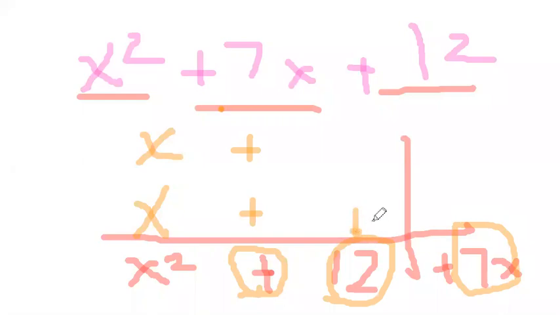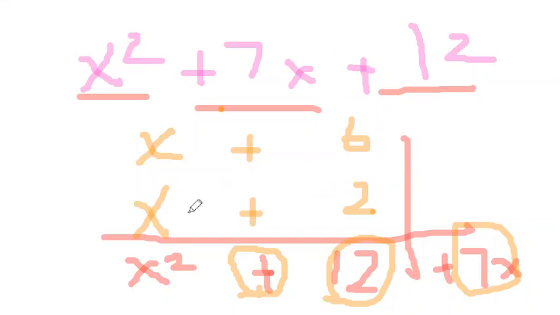Now what times what gives us 12? We know that 6 twos are 12, 4 threes are 12, 12 ones are 12: 12 times 1, 6 times 2, or 3 times 4. Now, let's take it this way: 6 and 2.